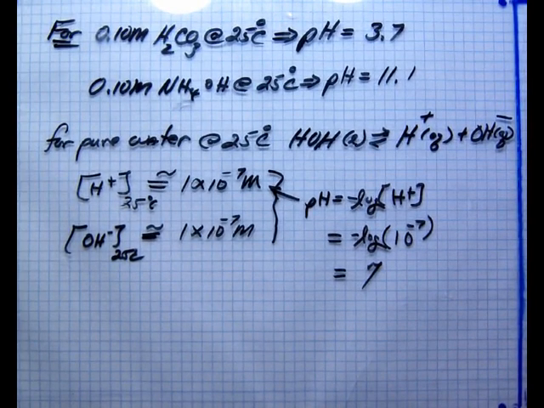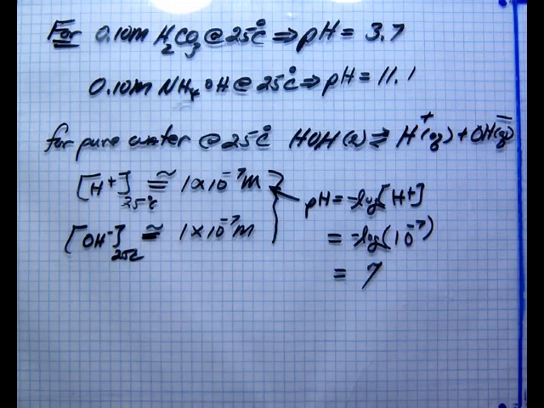So that's a balance between hydronium ions and hydroxide ions. You have just as many H's as you do OH's, and we call that a neutral condition.